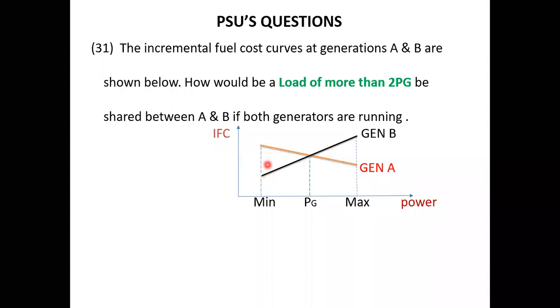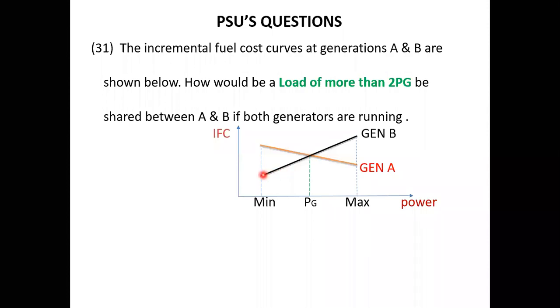When you consider generator A at this point, the incremental fuel cost for generator A is more than generator B. As you move from this point, the incremental fuel cost of A decreases up to this point.